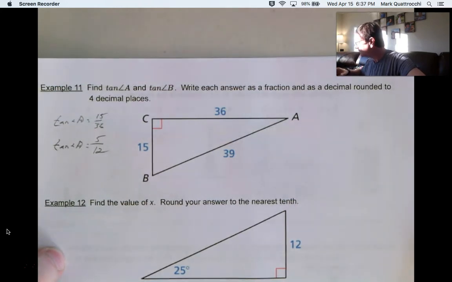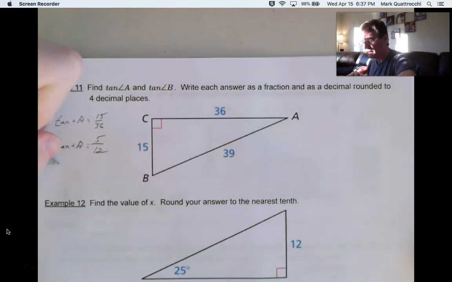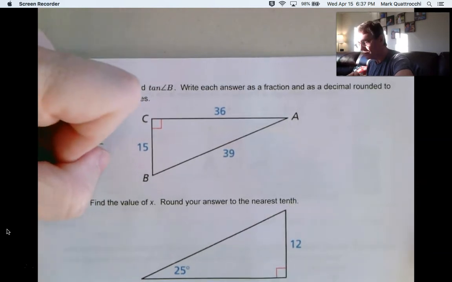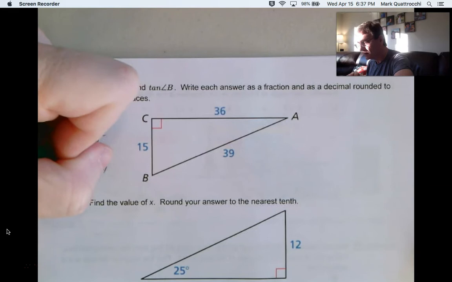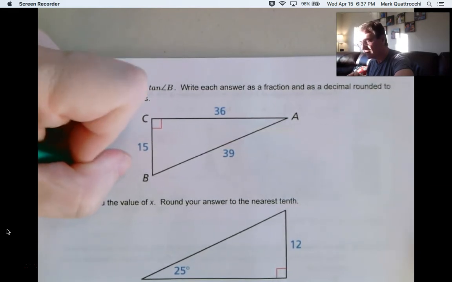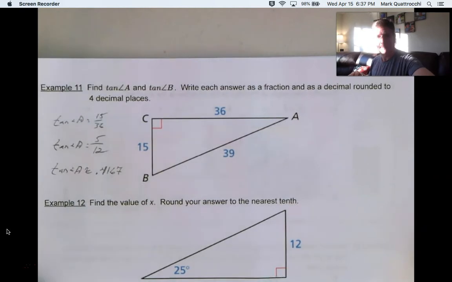Then round that to the nearest 4 decimal places. Let's go 5 divided by 12, and tan angle A is approximately equal to 0.4167. That rounds up.